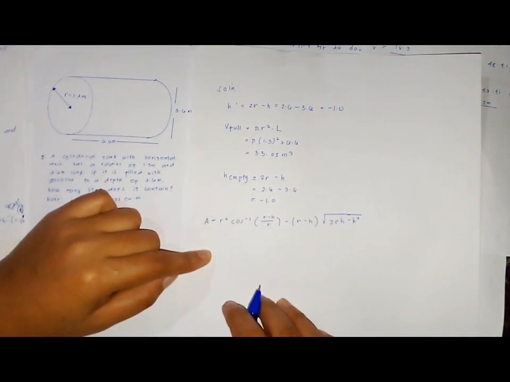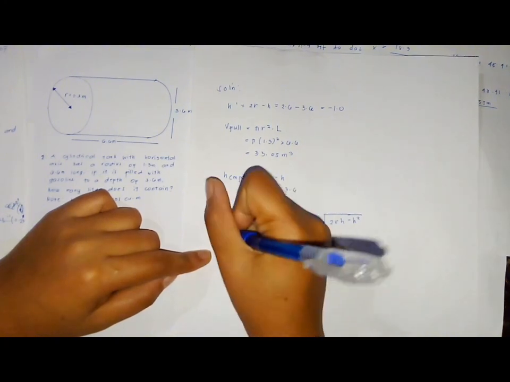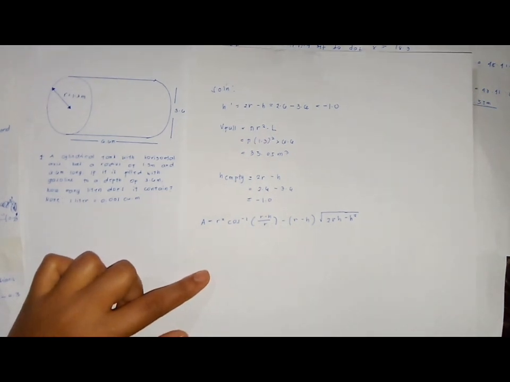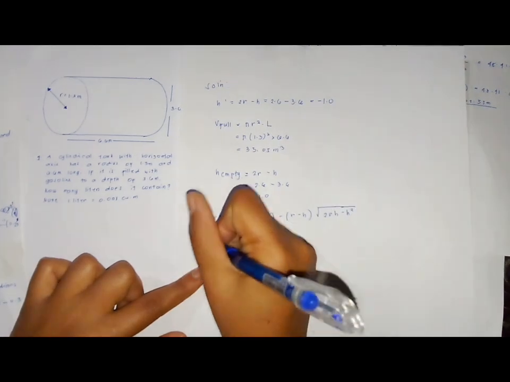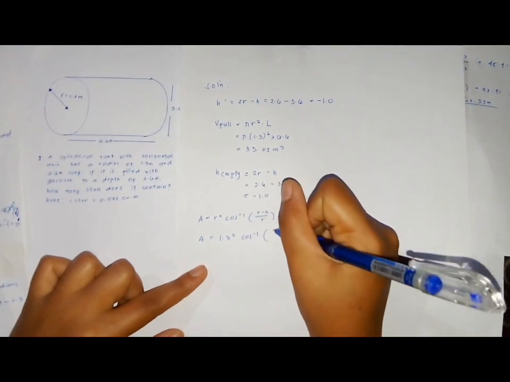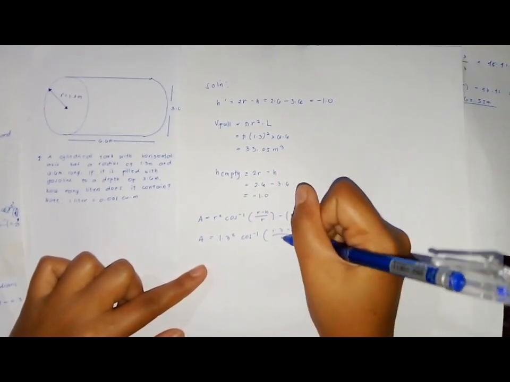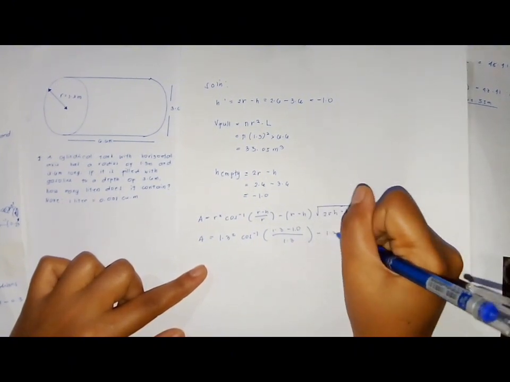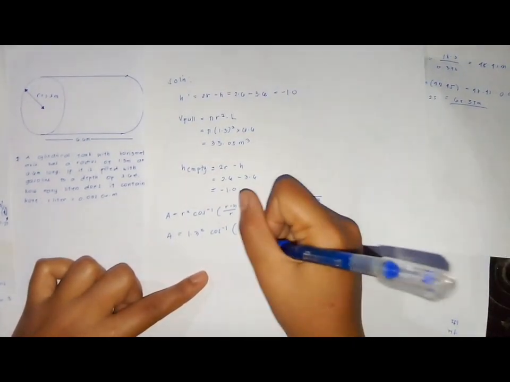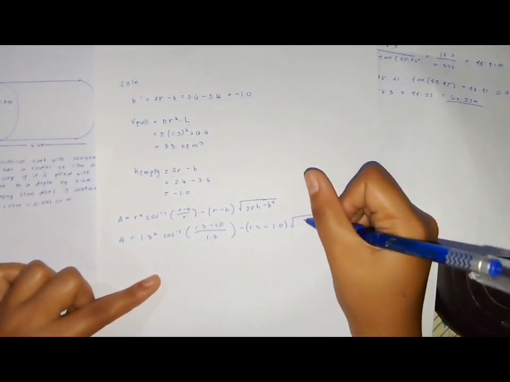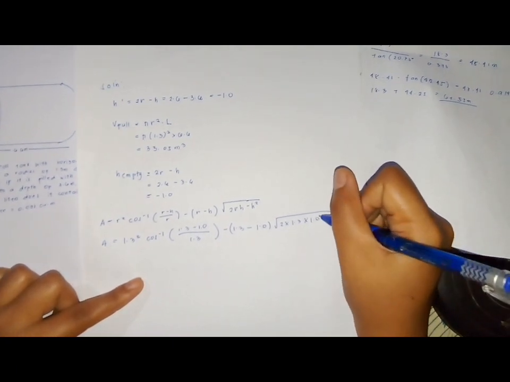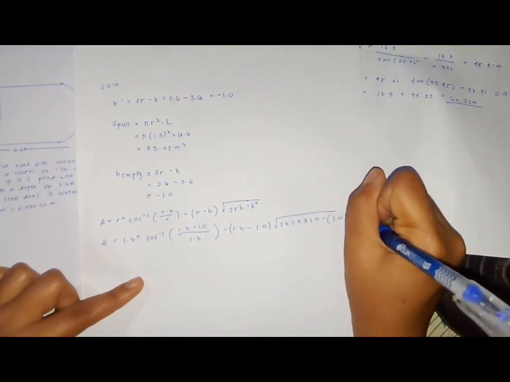For the height equal to 1.0 meters deep of unfilled part, and radius equal to 1.3 meters, the area is equal to 1.3 squared times arc cos of (1.3 minus 1.0) over 1.3, minus (1.3 minus 1.0), times the square root of 2 times 1.3 times 1.0 minus 1.0 squared.